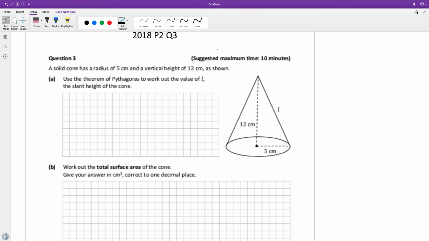What are you going to do? What is Pythagoras theorem? Which side has to be C?